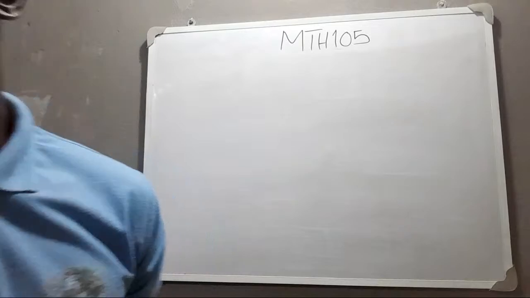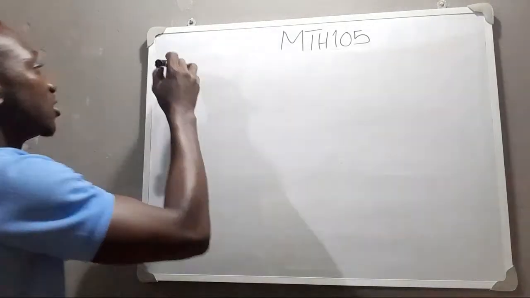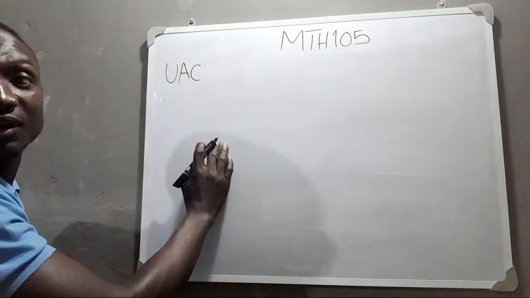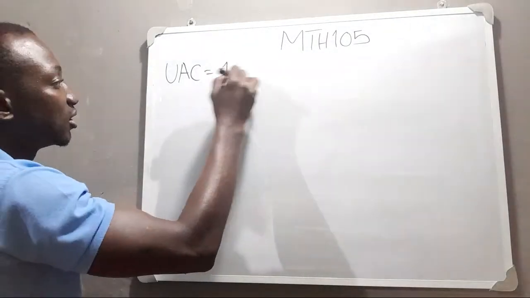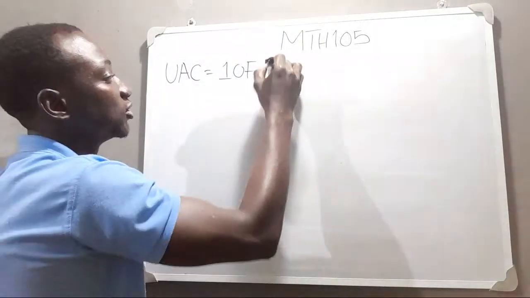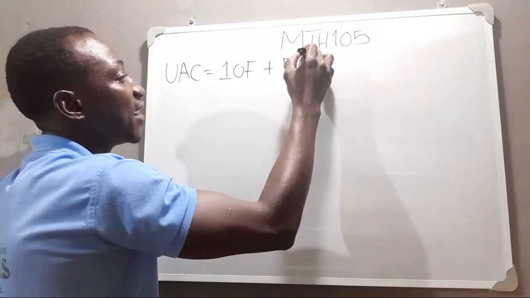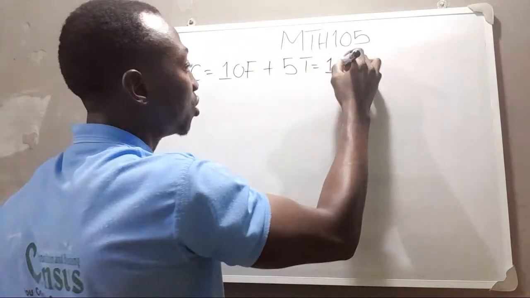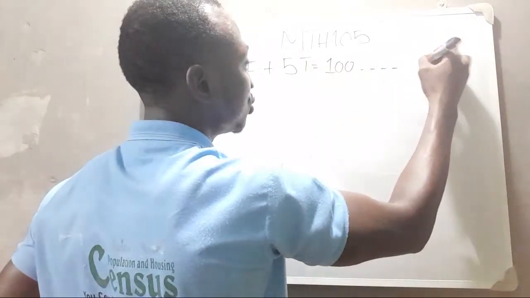Now, this is the equation. It says here: UAC equals 10 bags of flour plus 5 tins of butter equals 100. That's our equation 1.